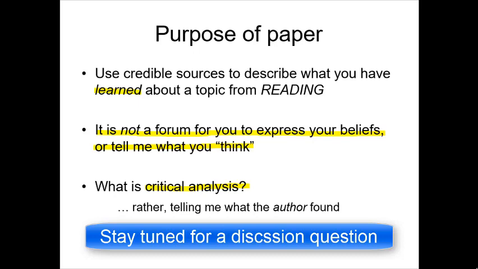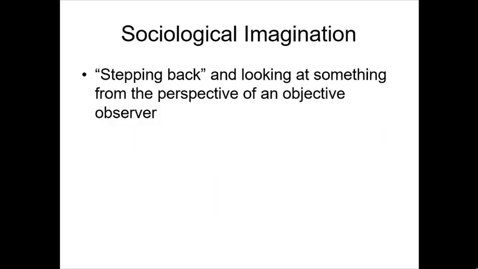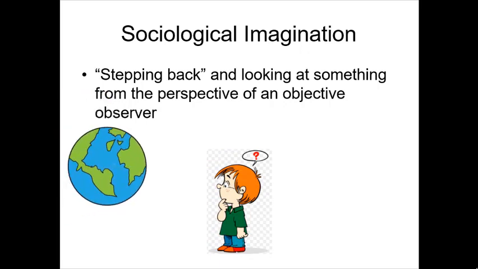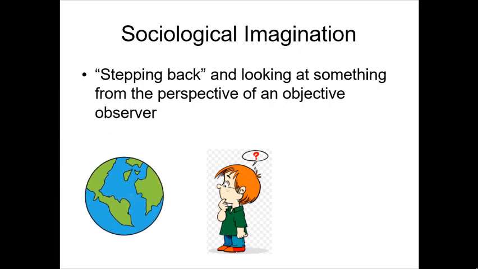So this is extremely important, and this is what we're going to accomplish in our writing. A good point that I bring up in all of my classes is something called sociological imagination. It could be called other things, but basically what you're doing with sociological imagination is stepping back and looking at something from the perspective of an objective observer.